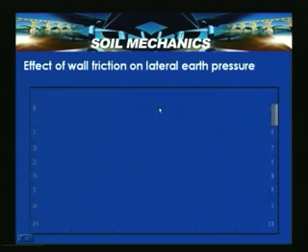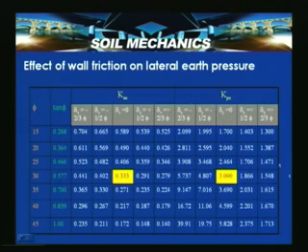Then for the effect of wall friction on lateral earth pressure, you can see this is the wall friction angle, in the case of delta A with a positive and negative wall friction angle. Here, with KPC, that is when delta P is equal to 0, these are nothing but the Rankine's coefficients; that is, Coulomb's earth pressure coefficients are equal to Rankine's coefficients, that is Ka.